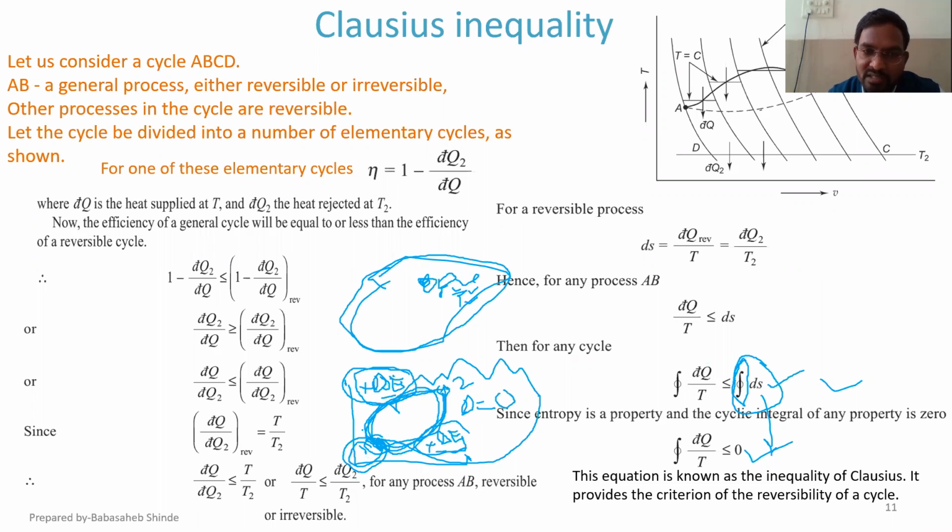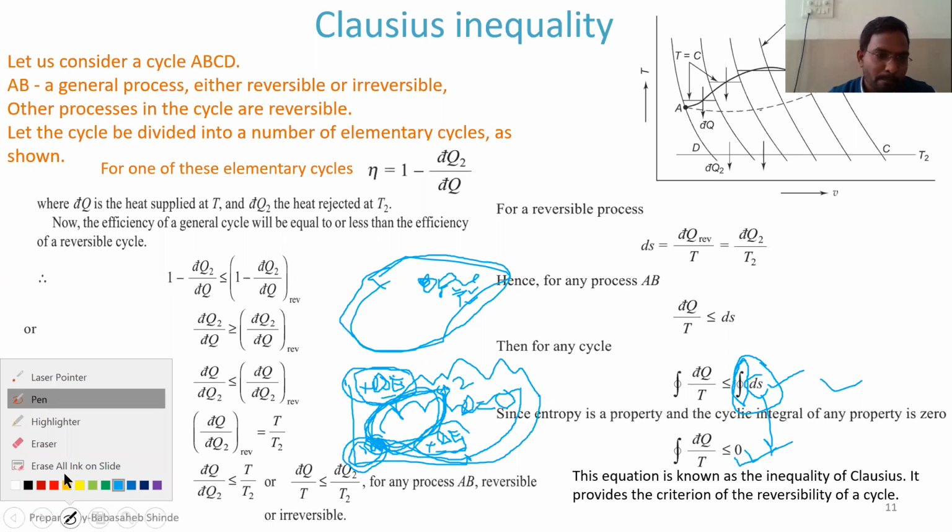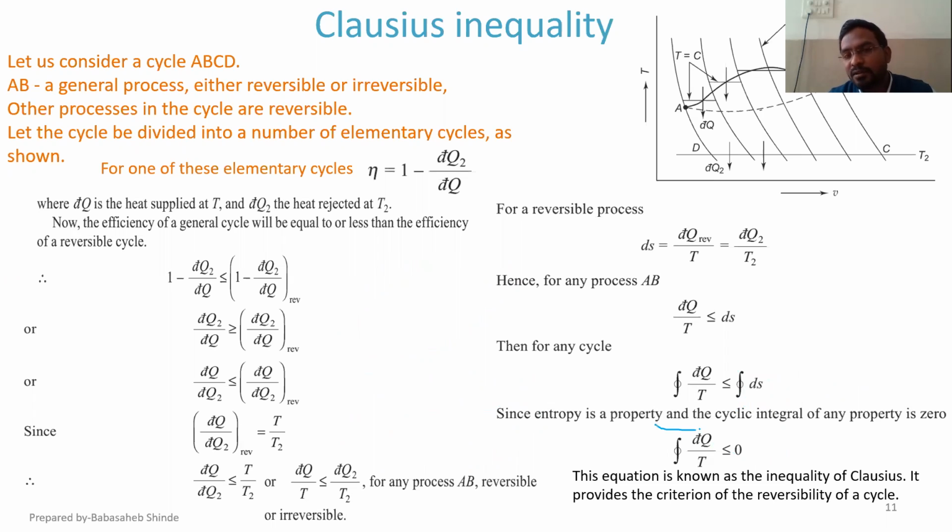Whatever property changed from state 1 to 2, 2 to 3, 3 to 4, and so on, all those changes have to be eliminated when it returns to its original state. That's why the cyclic integral of any property is always 0. So we replace the cyclic integral of dS with 0, and we get this relation, cyclic integral of dQ/T less than or equal to 0, and that is known as the Clausius inequality.